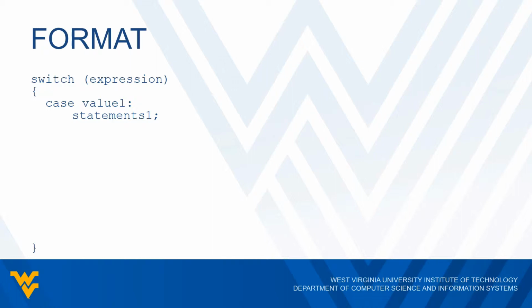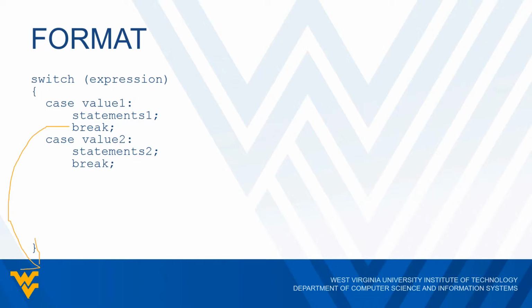And then for each case that we have, we always end it with a break statement. I don't think we've talked about the break just yet, but what this means is once we've executed the break statement, I get out of this switch statement, which means I go from here all the way out of the switch statement. So we're pretty much done at that point. Now, this gives me one possible case for the value of our expression, but we can have as many cases as we want.